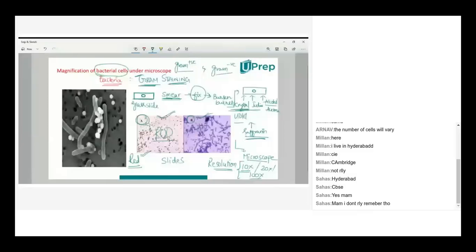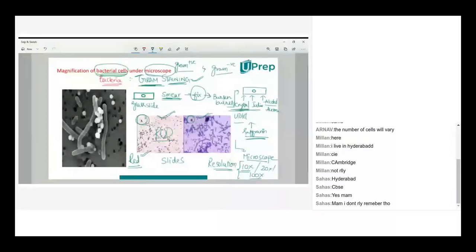The water drop only you will observe, as with naked eye. If you want to see bacteria even in water drop, even in your saliva, even in soil particle, you have to go for the staining process. This is the Gram staining, which you use to observe the bacterial cells under microscope. Based on the color observed, they are called Gram positive and Gram negative.